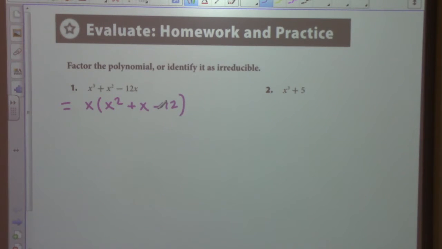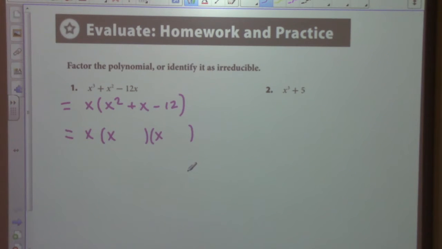It is a trinomial, and what kind of trinomial? A quadratic trinomial. And usually, what you try to do with a quadratic trinomial is you try to factor it into two linear binomials. What are your factors of x squared? X and x.